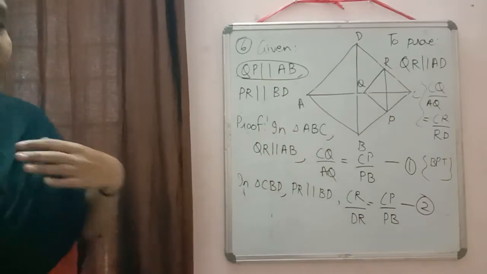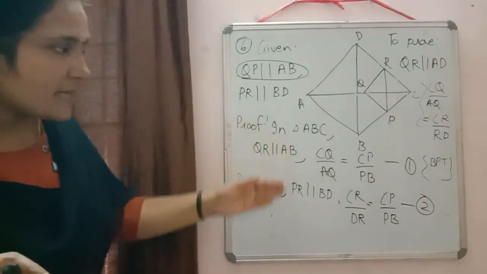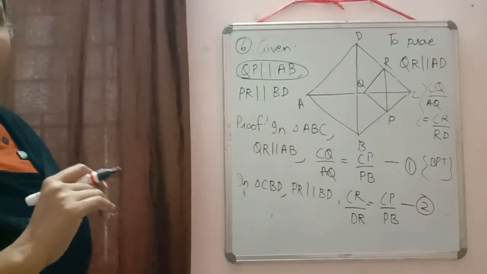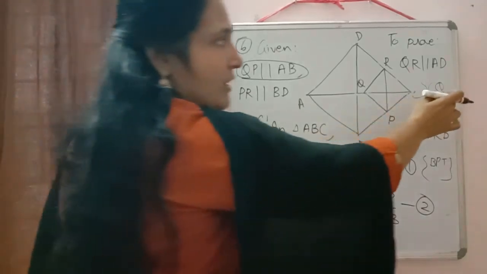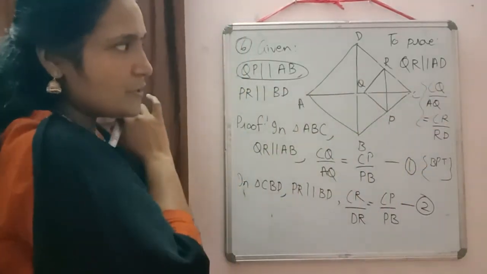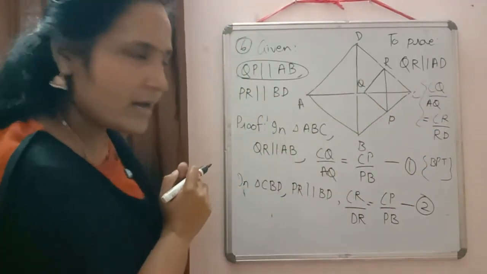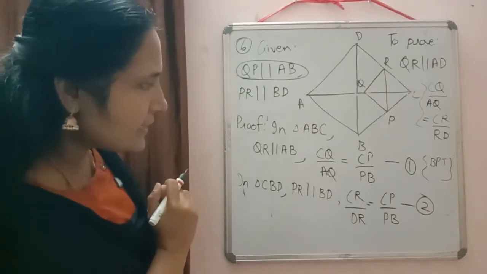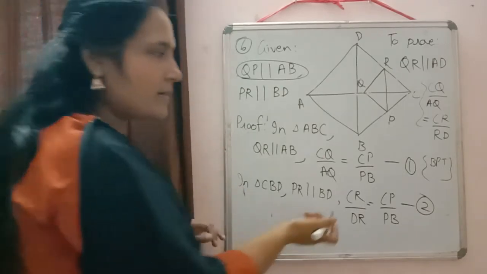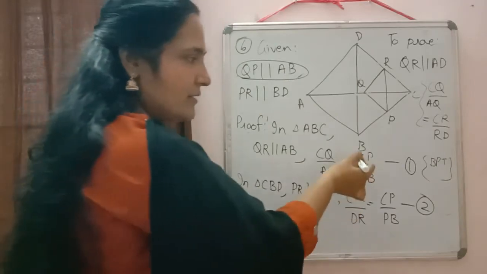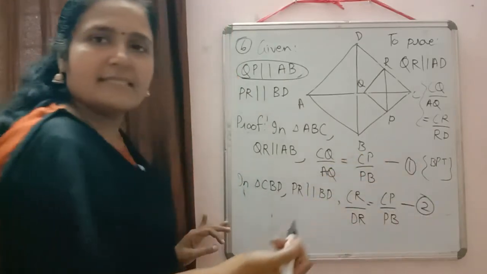So from the given conditions, these are the two ratios we got. But what we have to prove is CQ by AQ and CR by RD. Yes, because in the first and second equations, the right hand side ratio is the same.